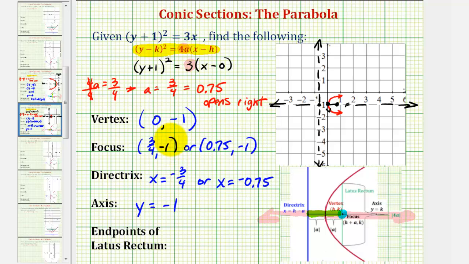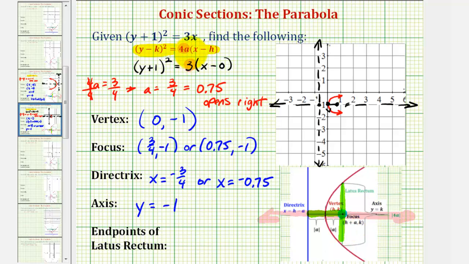And then finally, to find the endpoints of the latus rectum or focal diameter, going back over to our notes, the latus rectum is this segment here. Notice how it's parallel to the directrix, passes through the focus, and also has both endpoints on the parabola, and the length of this segment is equal to the absolute value of 4a.